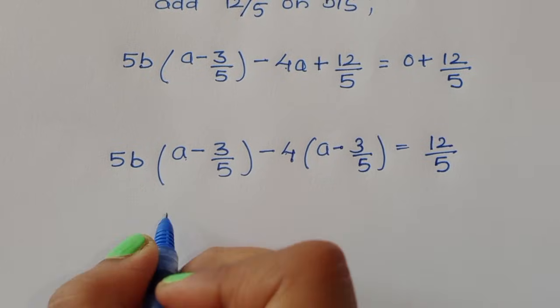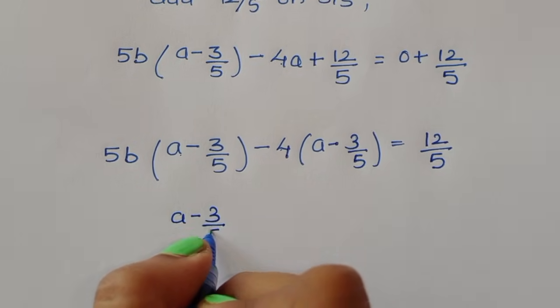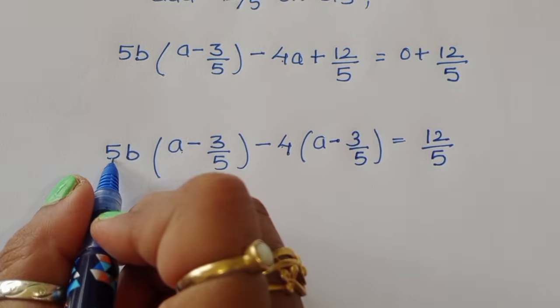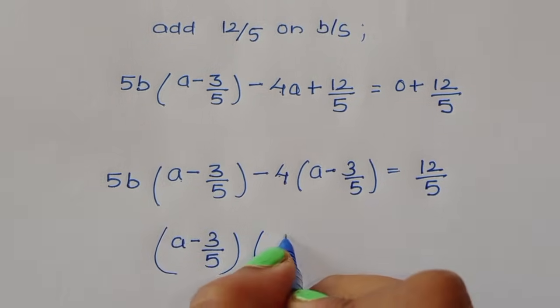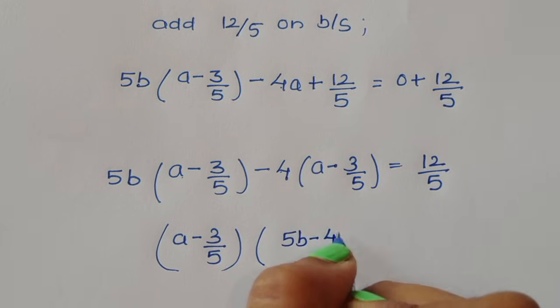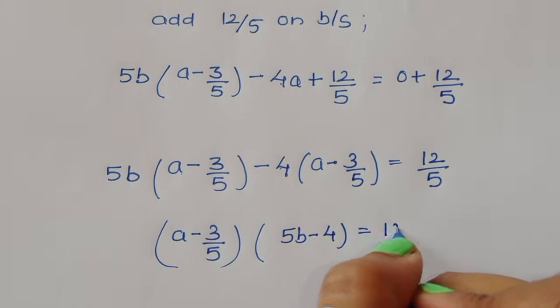So the first term is a minus 3 upon 5, the next one is 5b minus 4, equal to 12 upon 5.